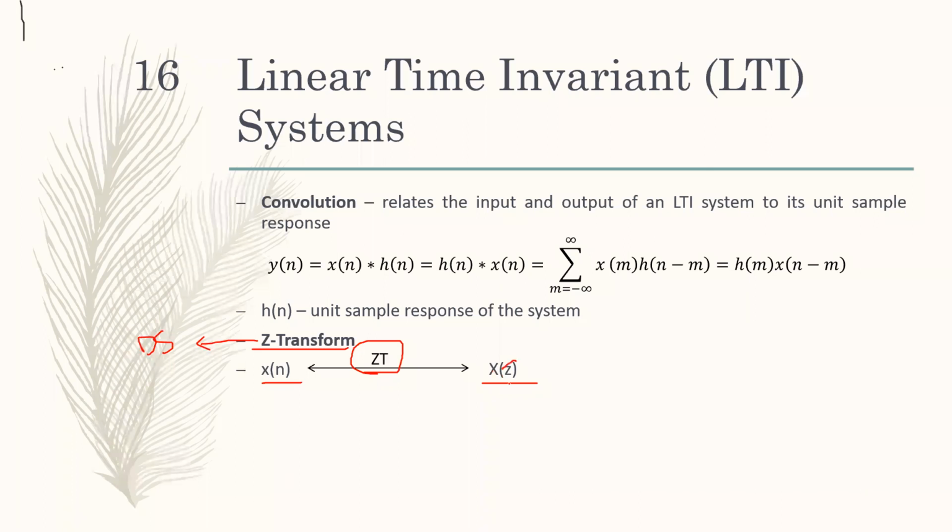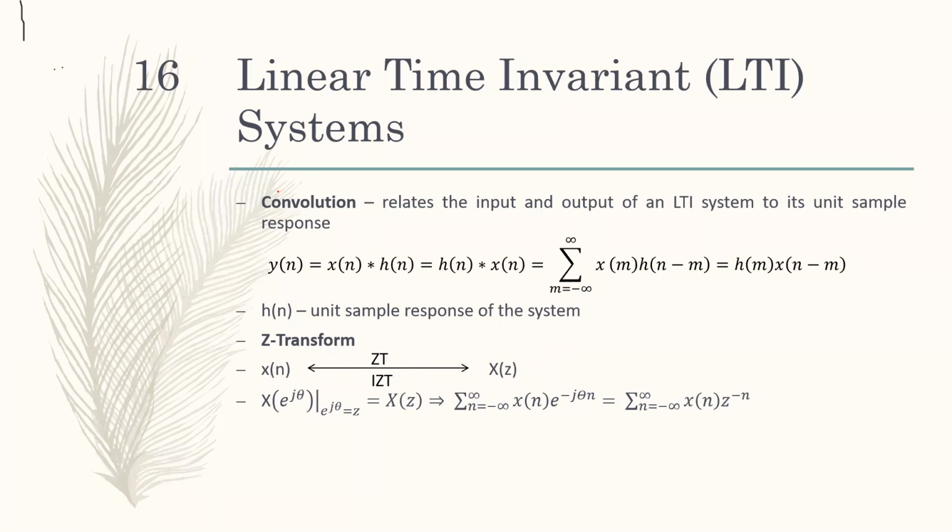Here, z is in the digital domain. That is how we specify it. And if I have the Z transform of a signal, I can get back the original sequence with the help of the inverse Z transform.